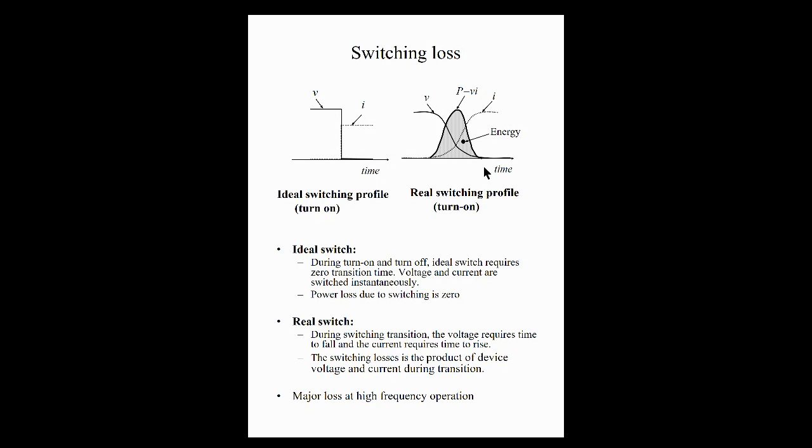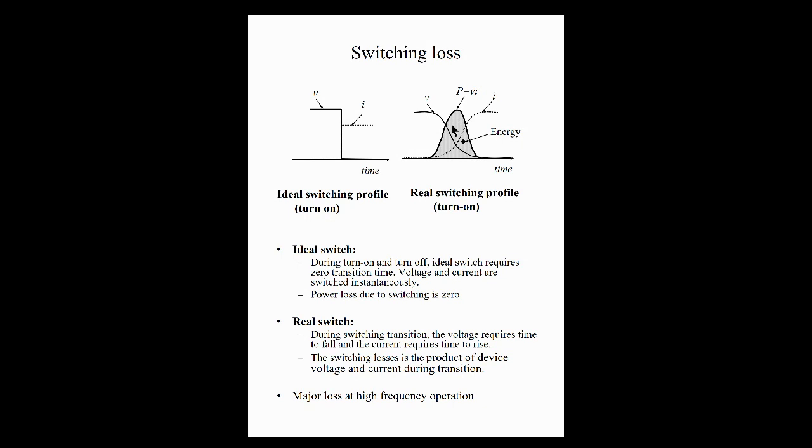However, for real switches, it's not the same. As you can see here, there's some delay between when the switch is turned on and turned off. It's not instantaneous. The voltage gradually goes to 0. In the case of the current, it gradually rises as the device switches from off to on. So what we have here in the middle is the loss.